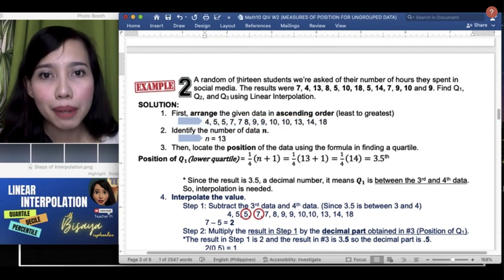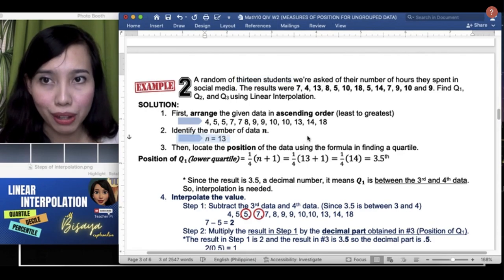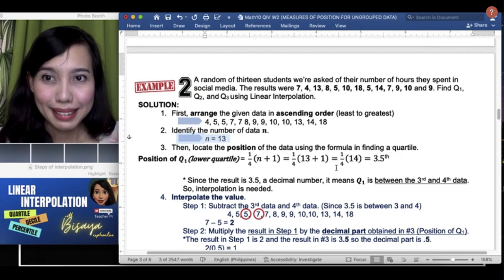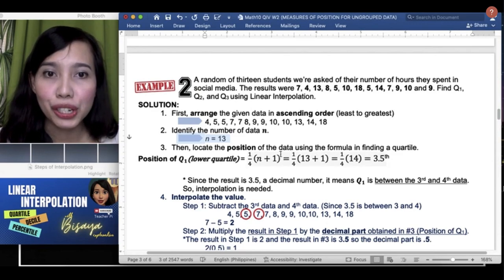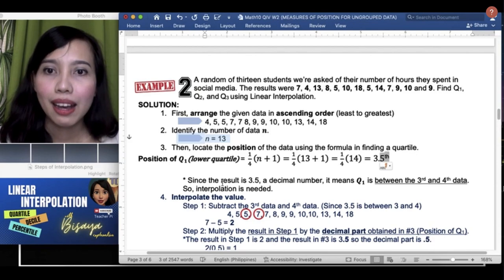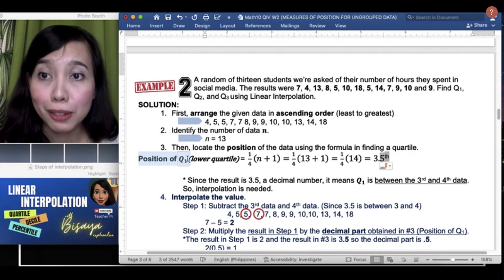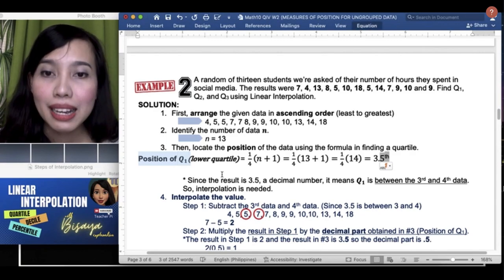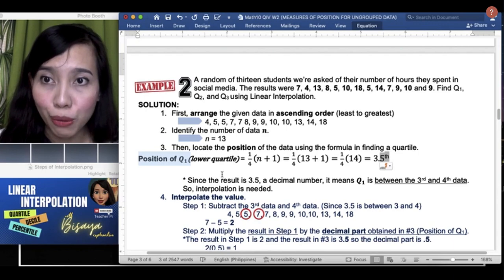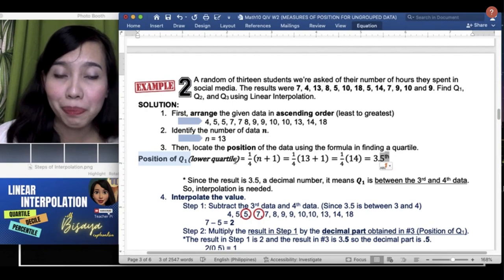But since it is given that there are 13 students, we have n equals 13. Step 3, locate the position of the data using the formula for finding a quartile. Here, we have to specify that it's just the position of Q sub 1. This is not Q sub 1 yet. It's just the position where we will find Q sub 1.